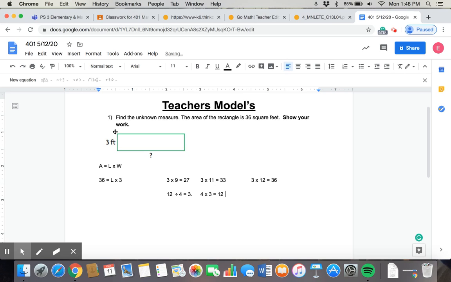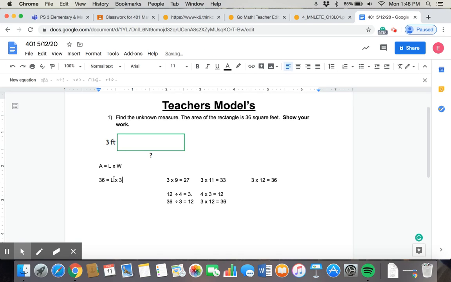So I know that they're inverse operations. It works both ways. So a way that I could do this then is I could do 36 divided by 3 equals, and I'll know that equals 12. So that should also mean that 3 times 12 equals 36. So I know that my L, or my length, will be 12.